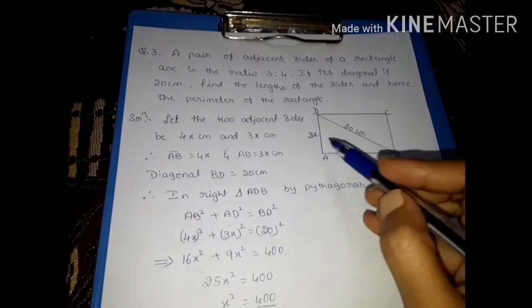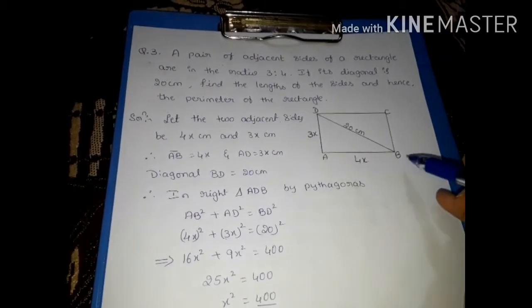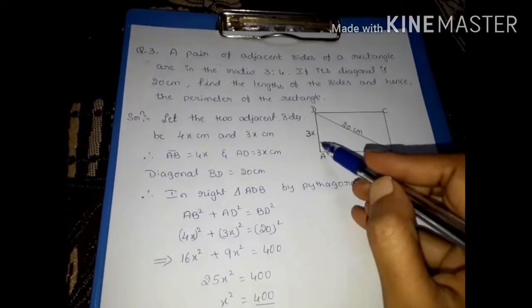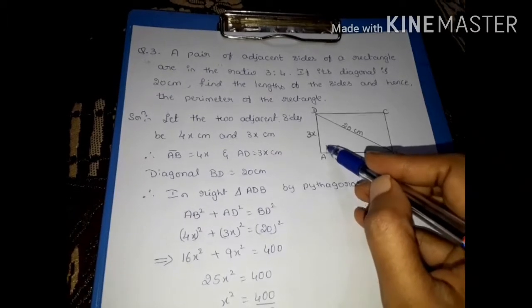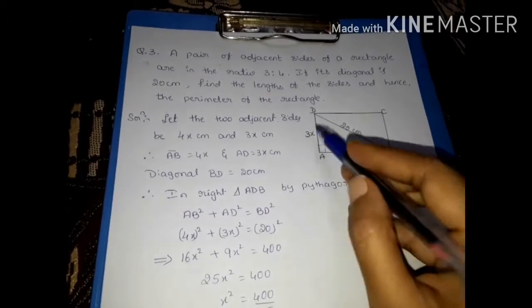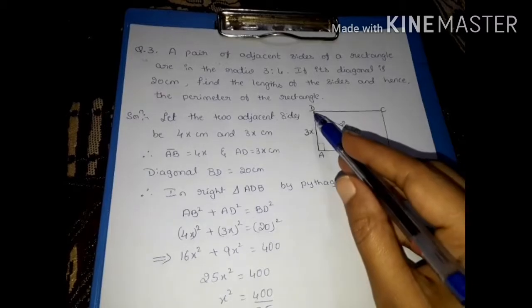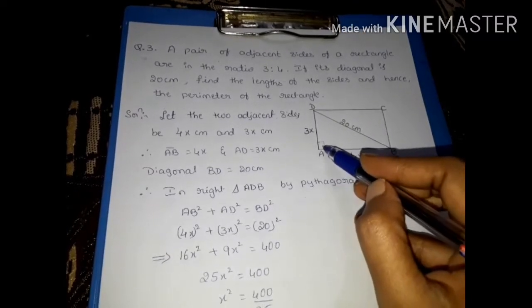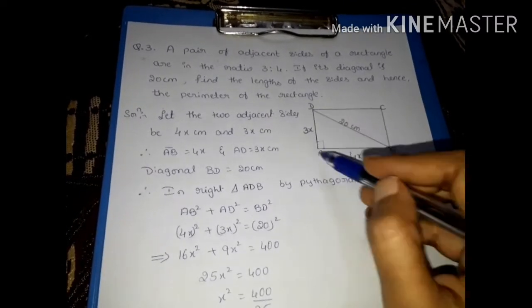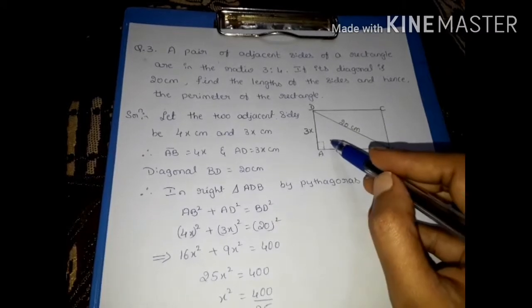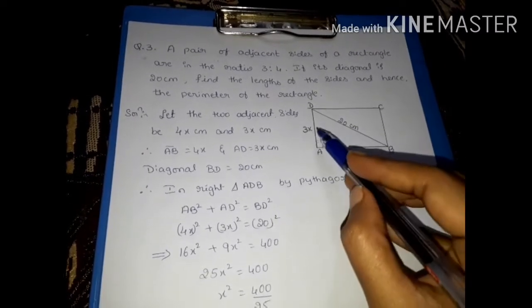Look at this figure. Triangle ADB is a right angle triangle because it is in a rectangle. Each angle is 90 degree. Here angle A is 90 degree. Now we can apply the Pythagoras theorem.